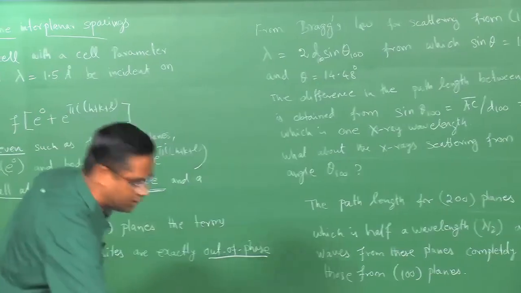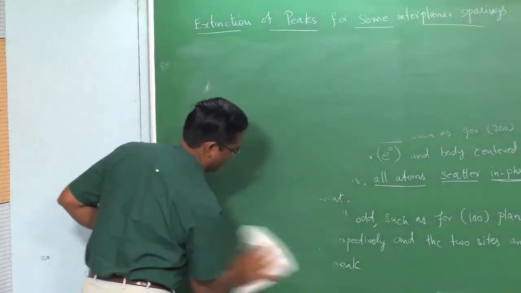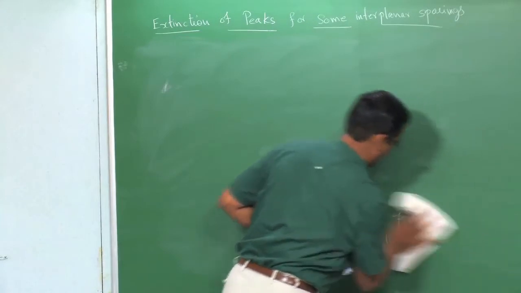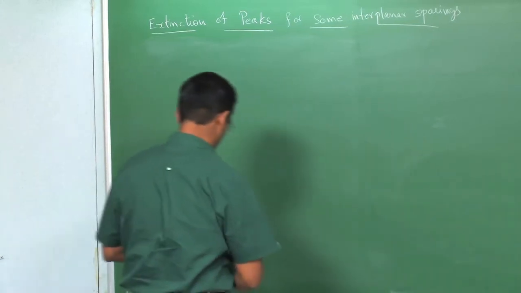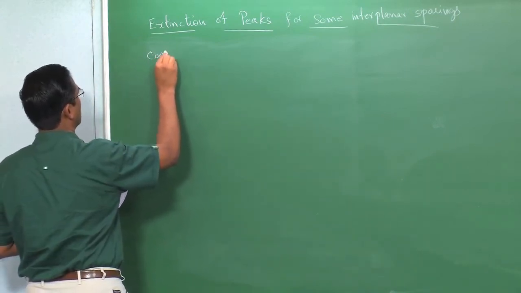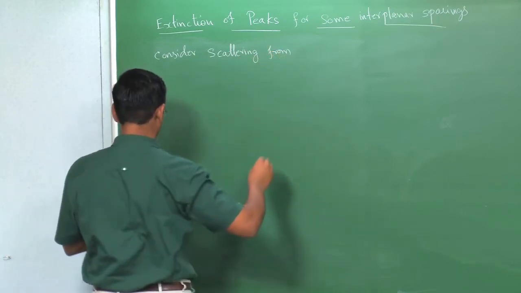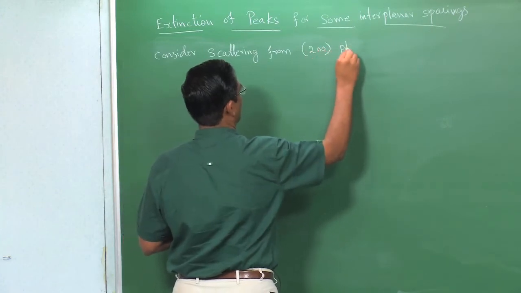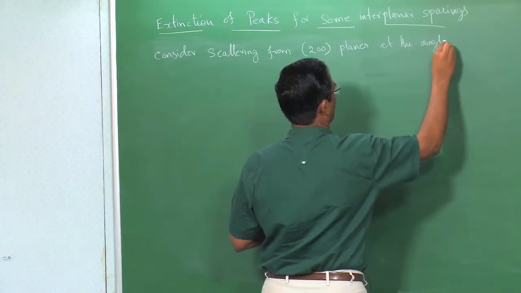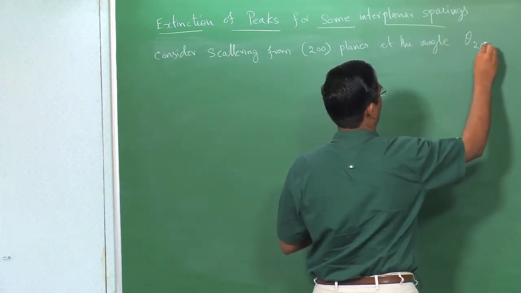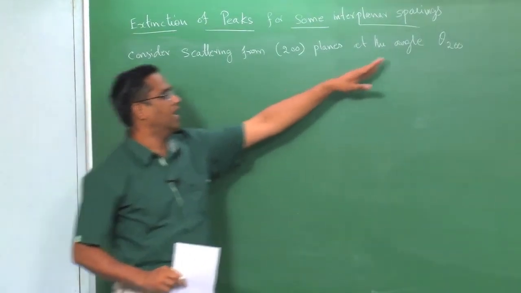Now, let us consider the scattering from 200 planes at the angle theta 200.